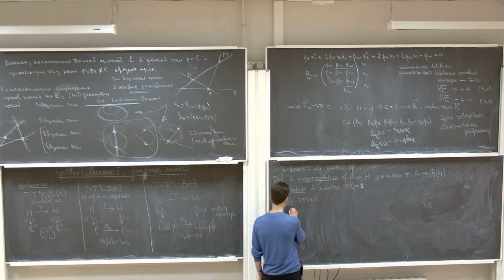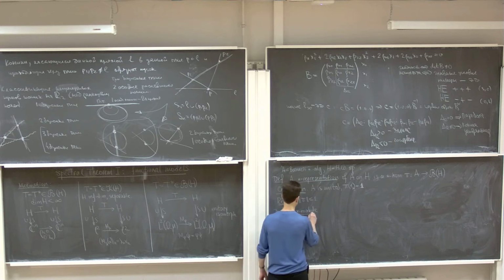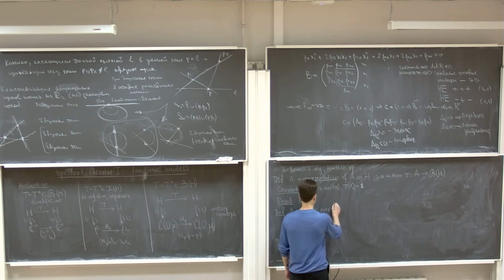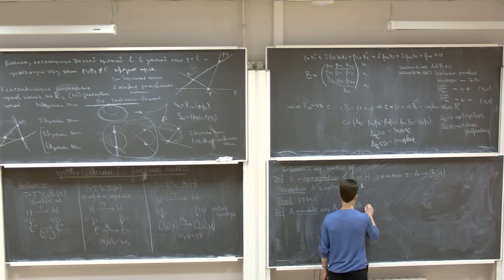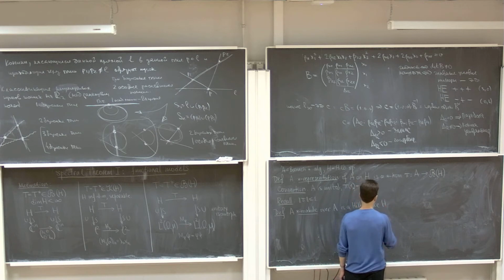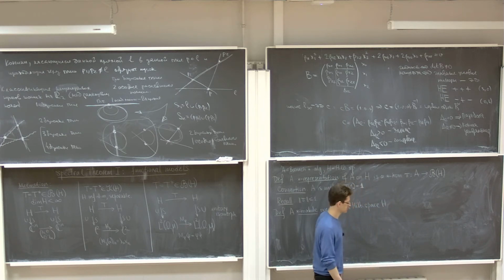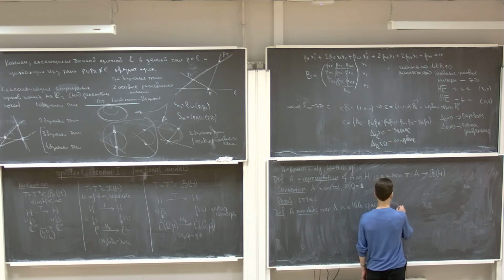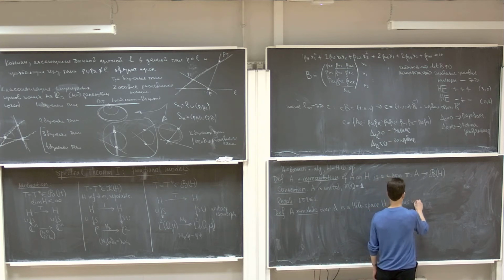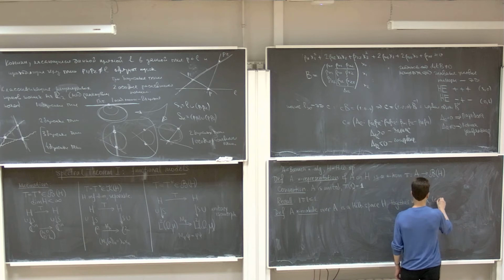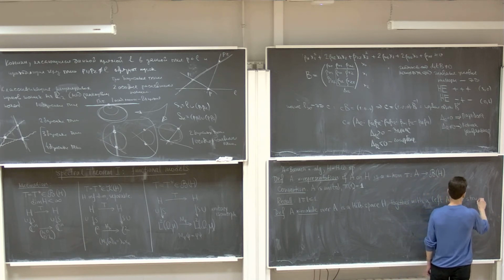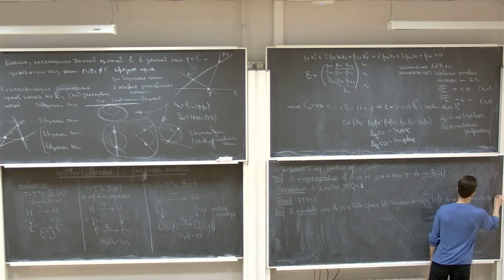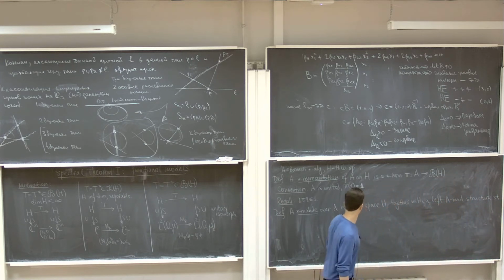We define a star module over A to be a Hilbert space H, together with a left A-module structure such that the following two conditions are satisfied.